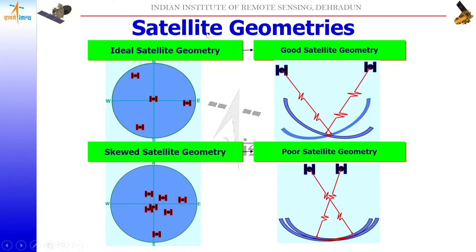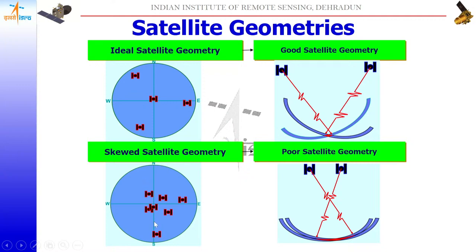Now, these are the satellite geometries. You can see this is the ideal geometry, and you see the curvature. Your positioning is coming like this, so it is good satellite geometry.